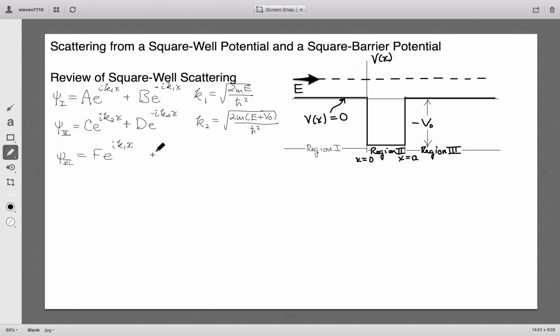Remember those boundary conditions. What I'm going to do is just cut to the chase here. So apply boundary conditions and do a lot of algebra.